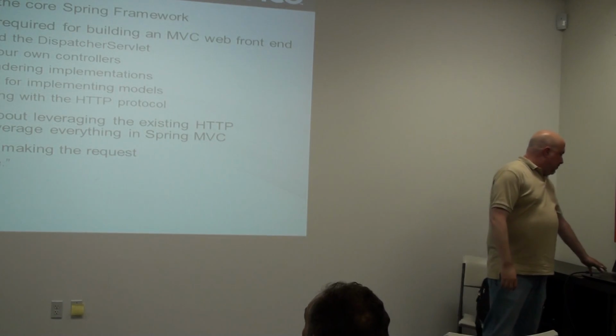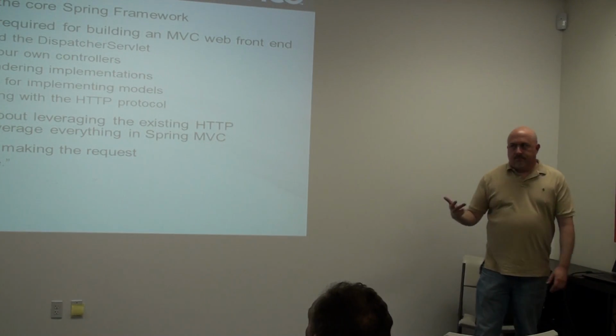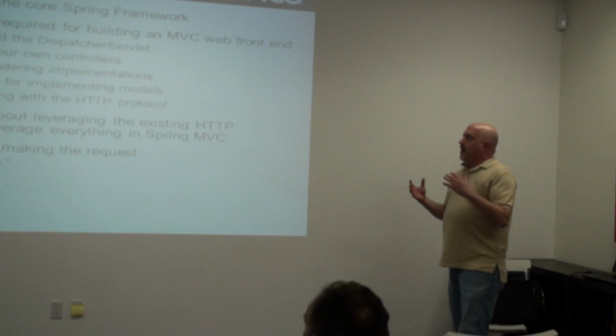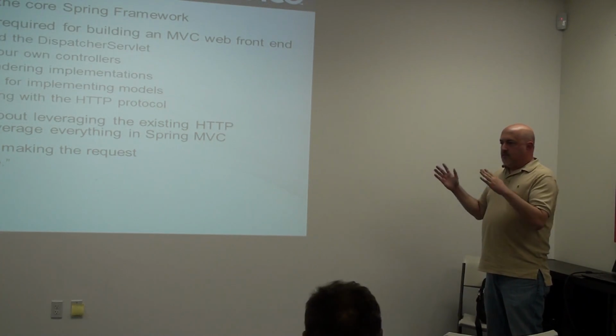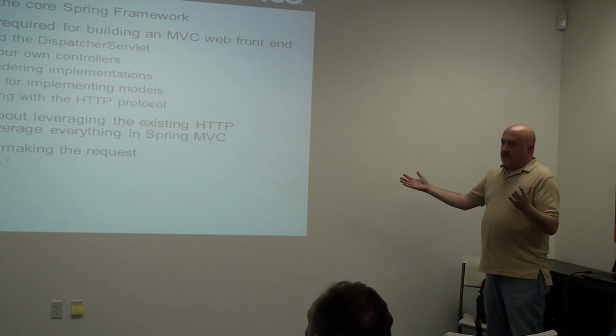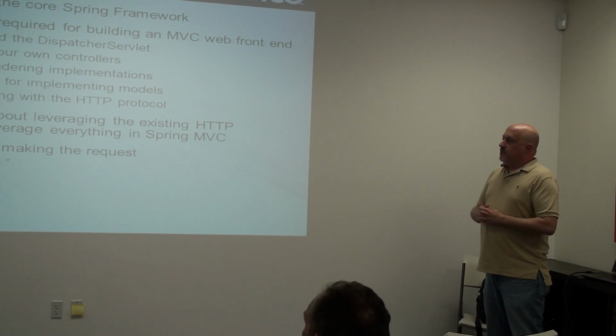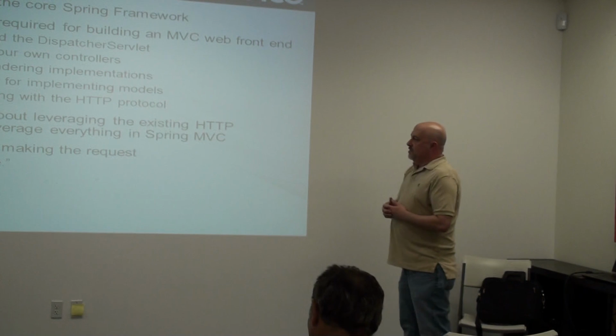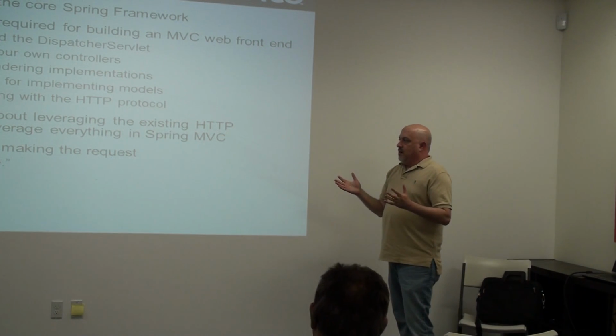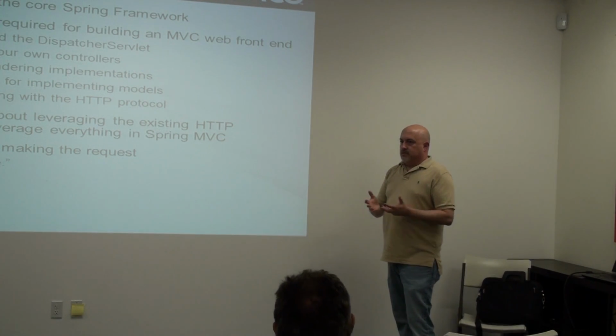So specifically with Spring MVC, if you haven't used it, it obviously provides the model view controller support for building web apps. But since REST is just, the whole point is to use the HTTP protocol, you can use everything in Spring MVC to do REST calls, and as far as the client's concerned, it's all the same.